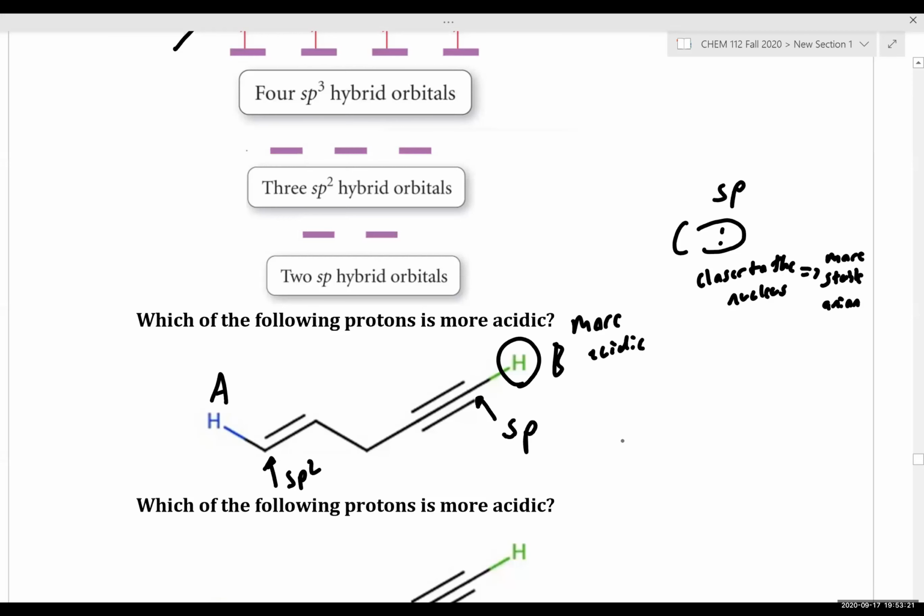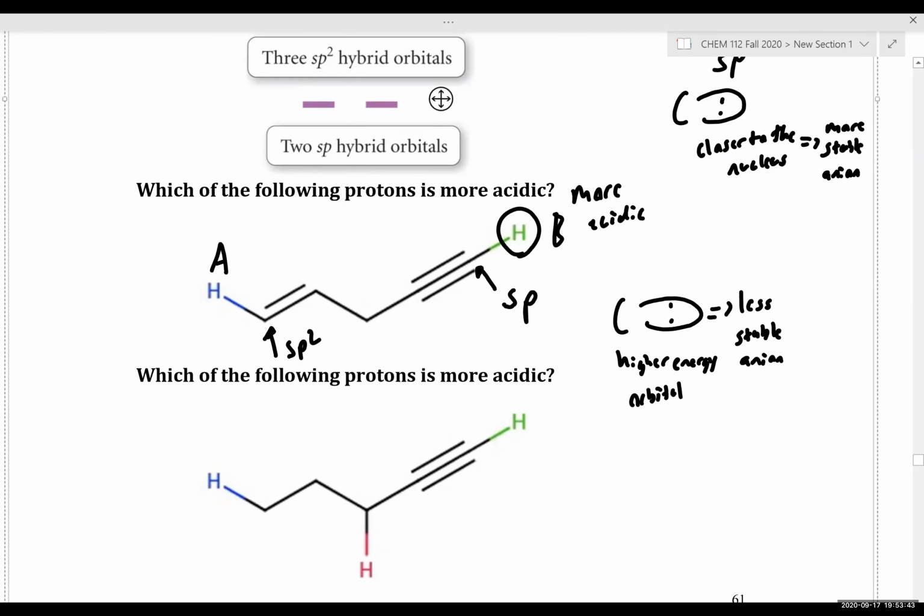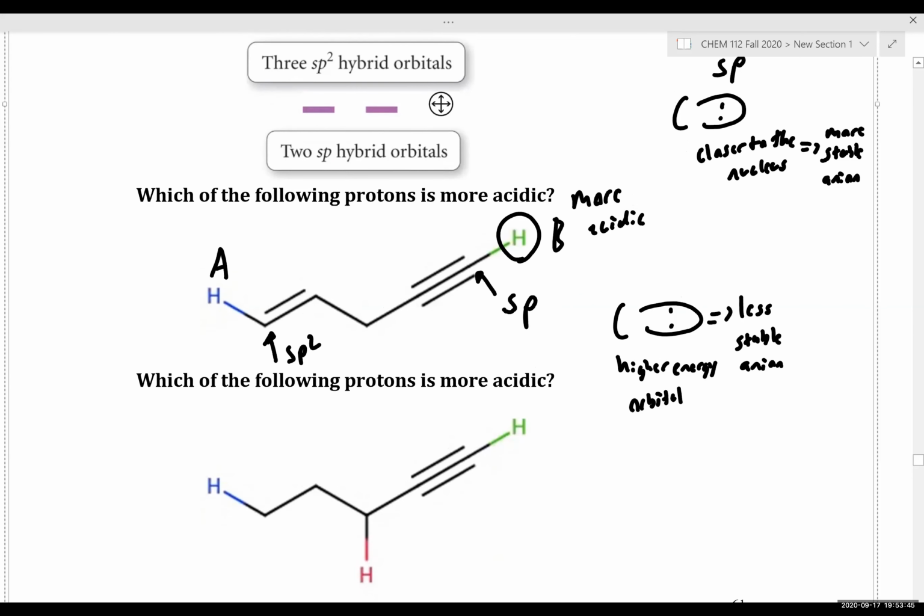If we compare that to an sp2 orbital, we have a higher energy orbital, and as a result, we have a less stable anion. Does this example make sense to everyone? Does everyone understand why proton B is more acidic?